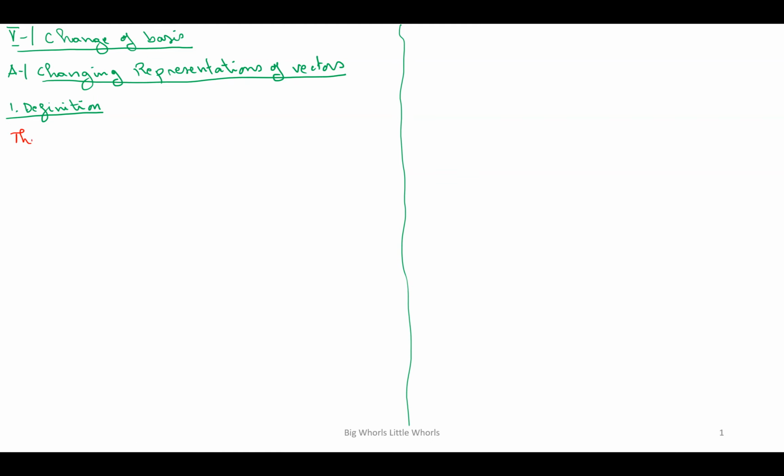The change of basis matrix for bases B and D from the vector space V, that means the domain space, is the representation of the identity map, because as I explained, the vector itself is not changing.